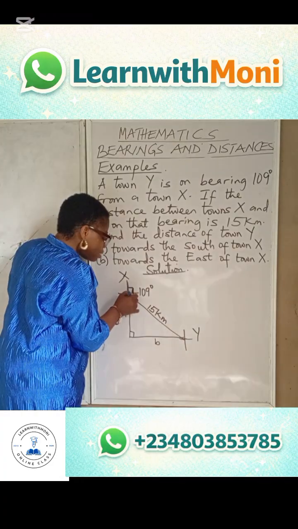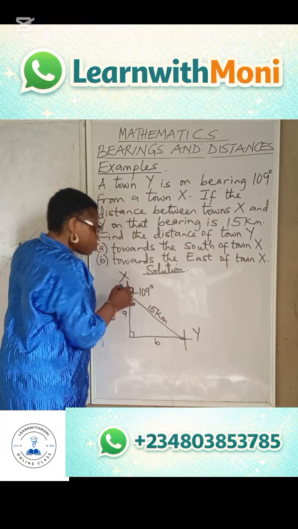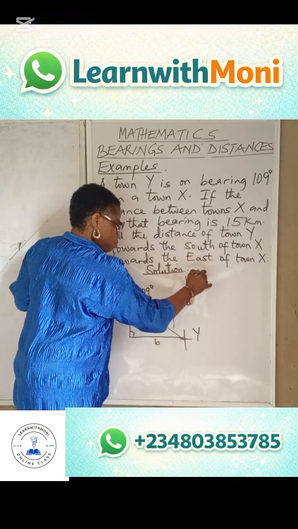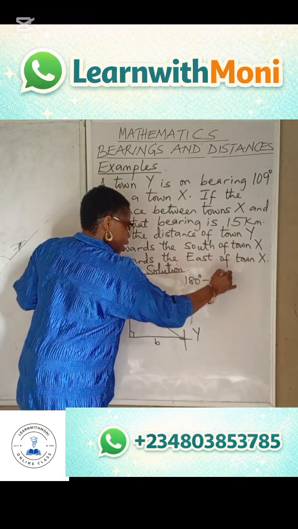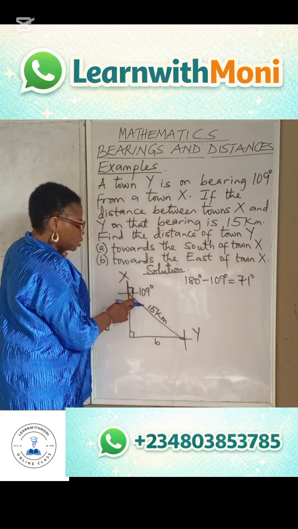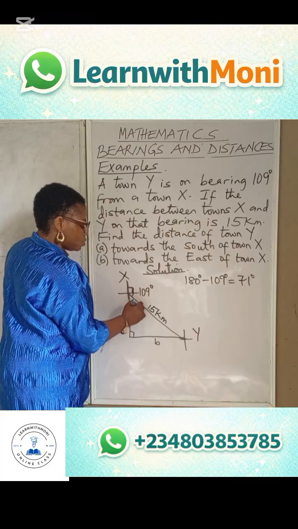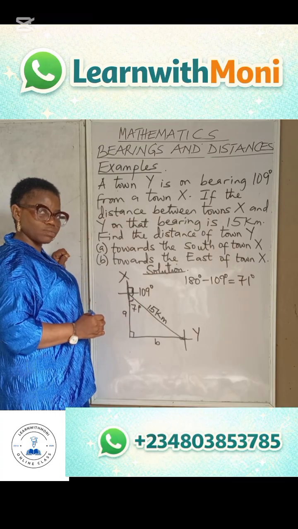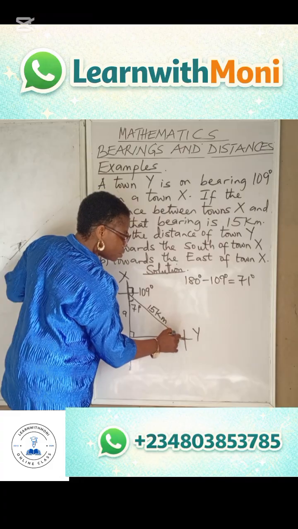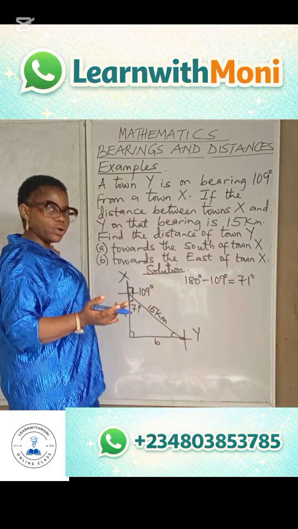So we expect that the remaining angle at this vertex is going to be 180 degrees minus 109 degrees, which is 71 degrees. So the angle at this vertex X here is 71 degrees.